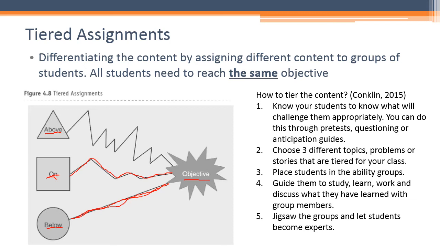Yung mga average, puro average. Yung mga below average. Ngayon, iji-jigsaw mo sila, paghahalo-haluin mo. So, sa isang team, may dalawang high ability, may dalawang average, may isang below. Tapos, since they are heterogeneous, okay, so, they will need to share what they have learned from the activity, from the content that they have studied on. So, that's how you tier the content according to count.